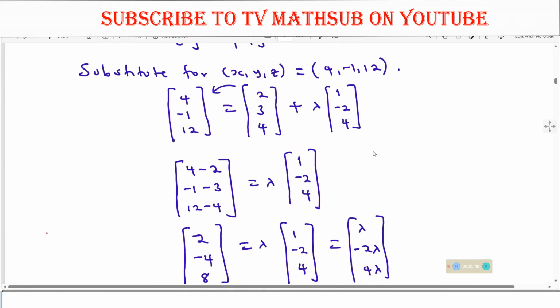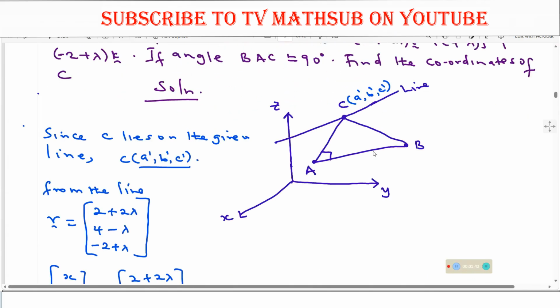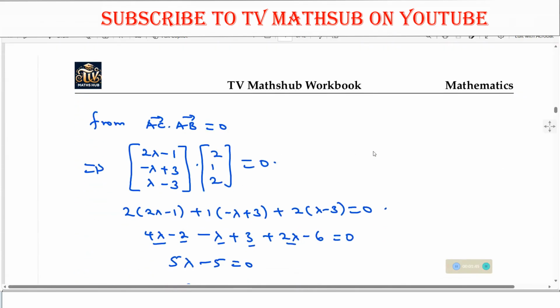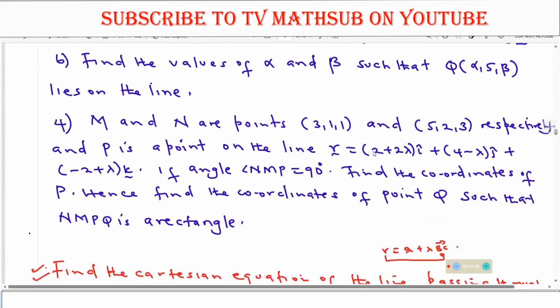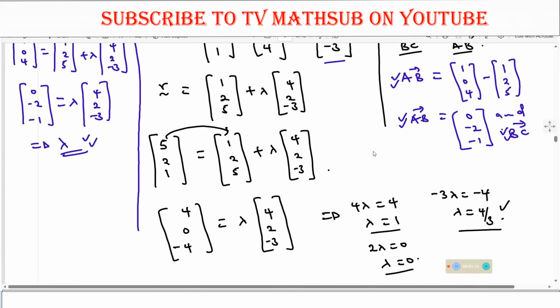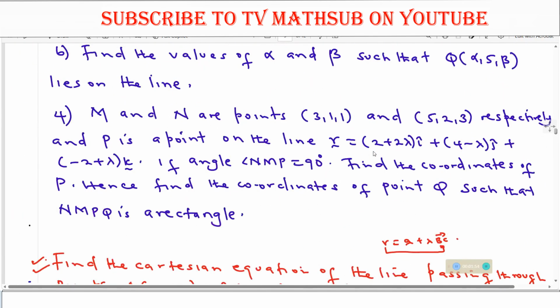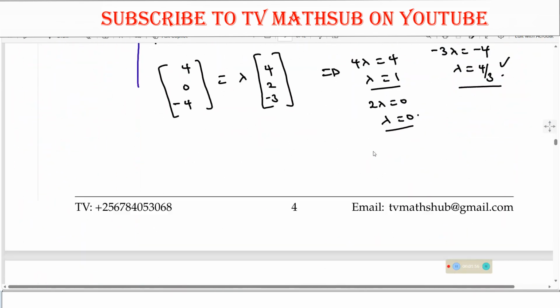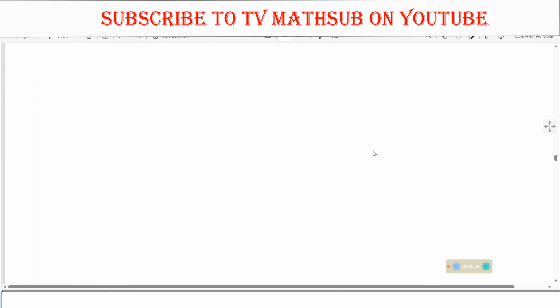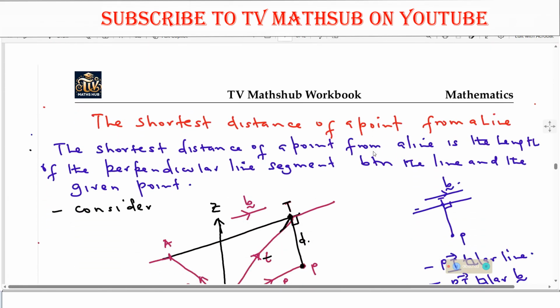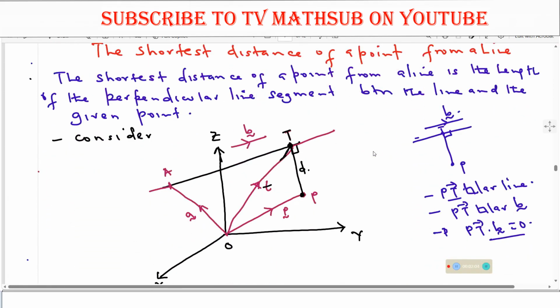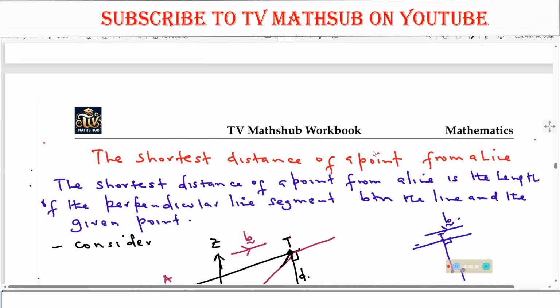We looked at some examples, and we also talked about the shortest distance from a point to the line. We looked at one method of finding that shortest distance.